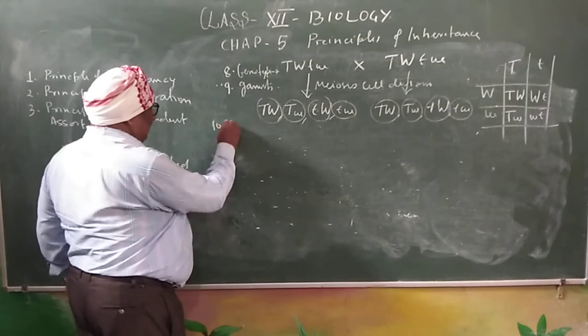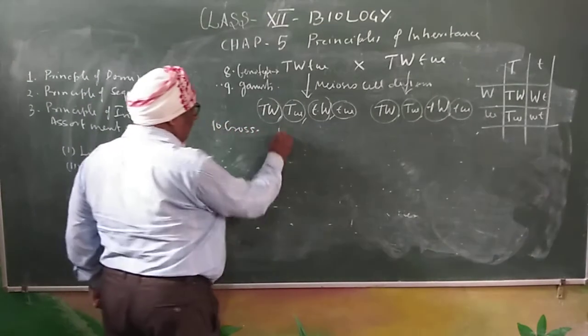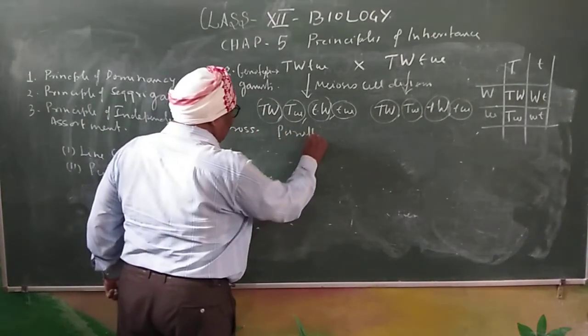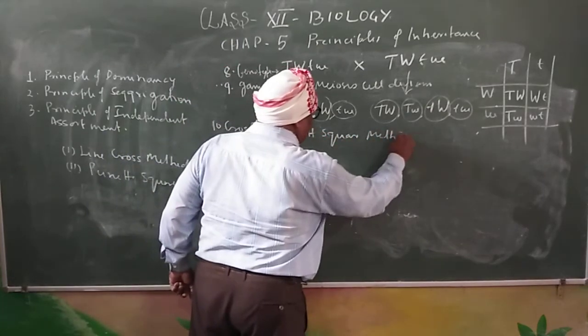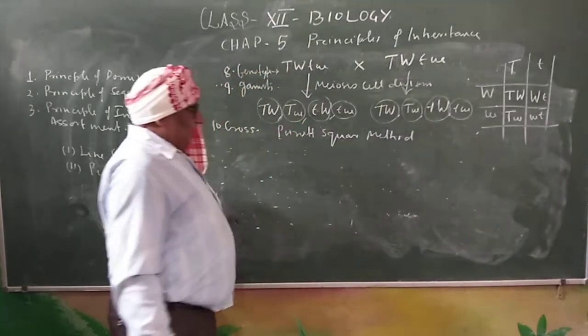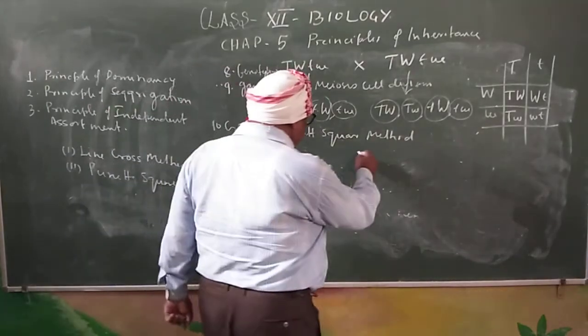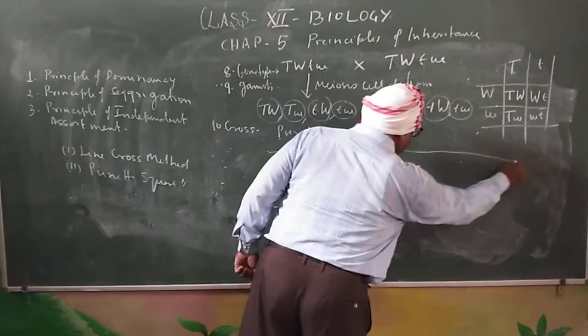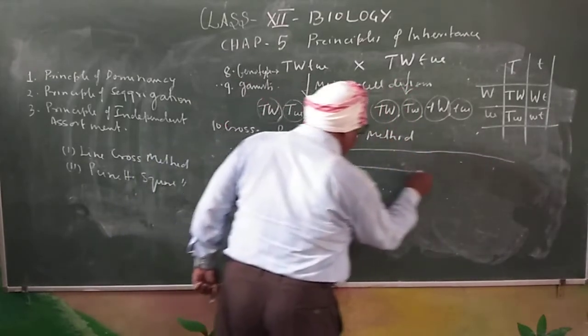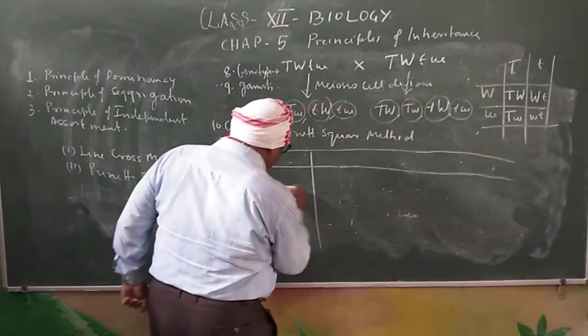For the dihybrid cross, we are following the Punnett square method. In the Punnett square method, we have to draw a chart. Now what type of chart is needed? Here we represent a column which shows the different types of gametes.